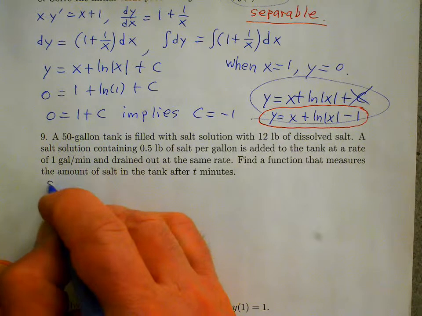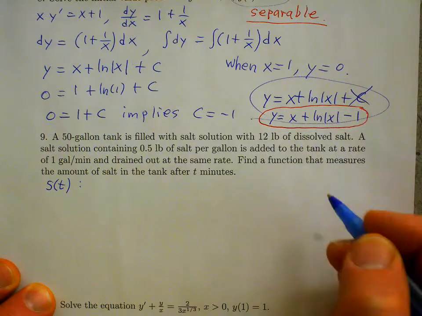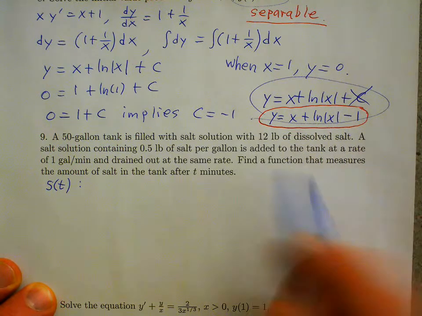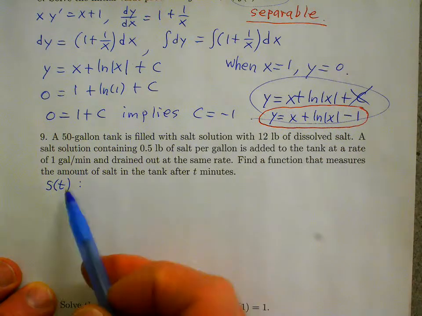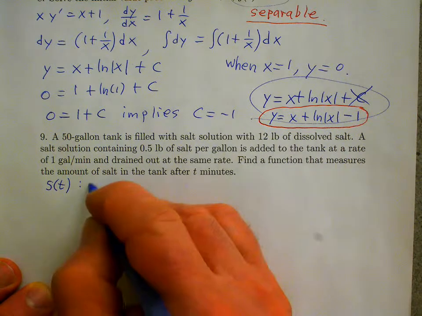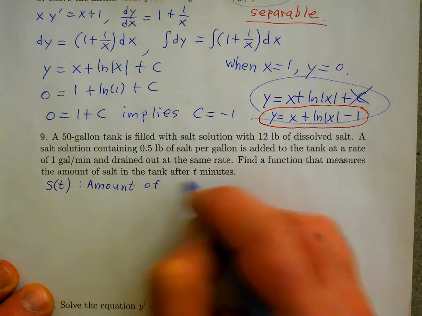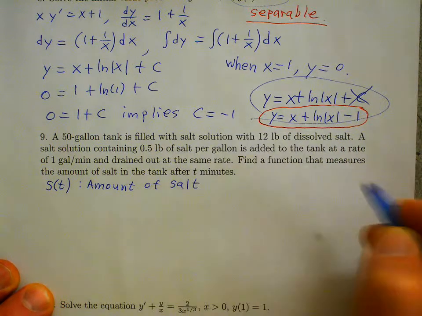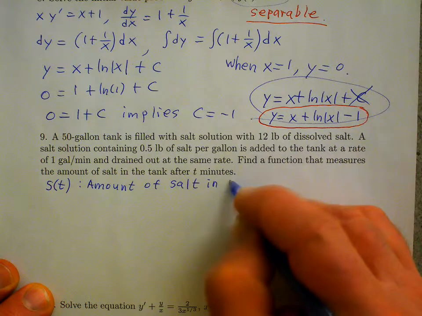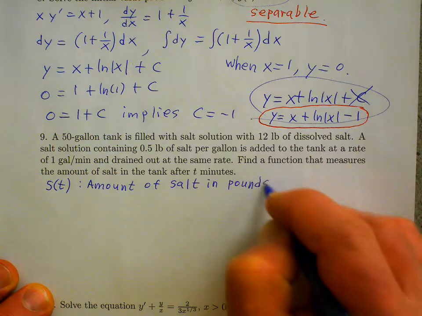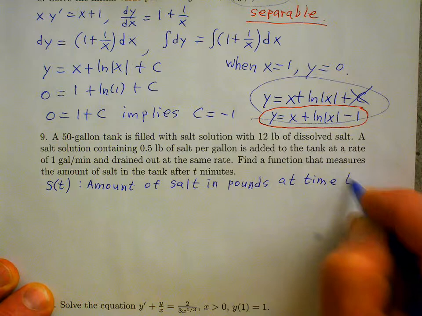Okay, so I'll define s of t to measure the pounds of salt in the tank at time t minutes. So the amount of dissolved salt in pounds, at time t minutes.